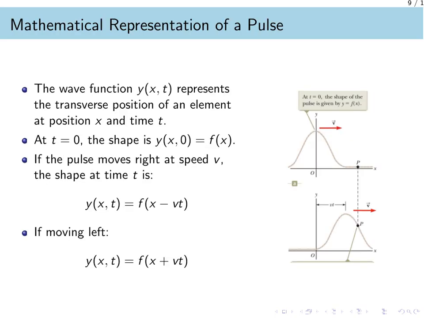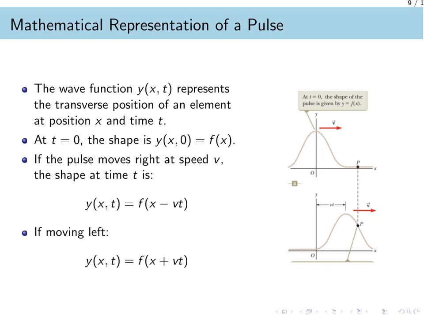Mathematically, we use a wave function, y, as a function of x and t to represent the position of a medium element. The variable y represents the transverse position, x is the location along the medium, and t is the time. At time 0, the shape of the pulse is described by some function f of x.